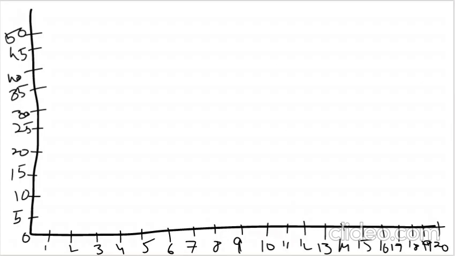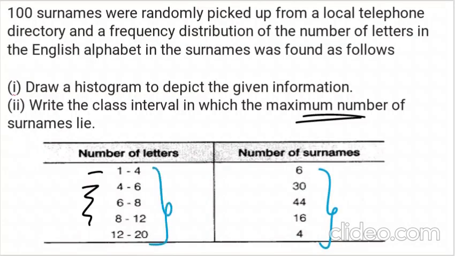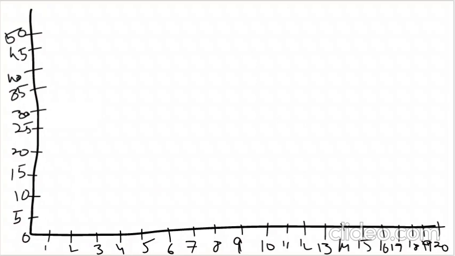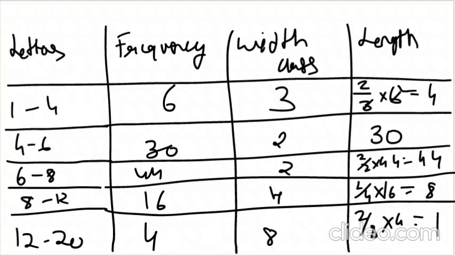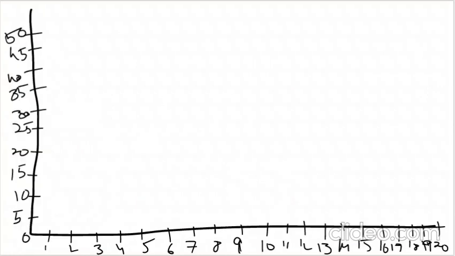As per the data, the width is 3 and the length is 4, so we draw the first rectangle till 4, for 1 to 4 letters.